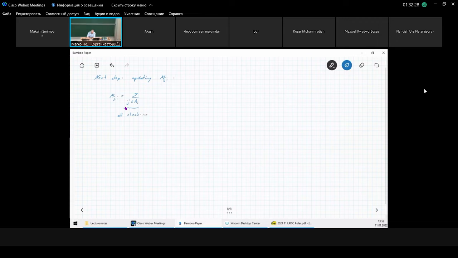All check nodes that are linked to bit node I. Just J being different, J prime being different from J. Maybe it's good to make a drawing again here. Understand this.